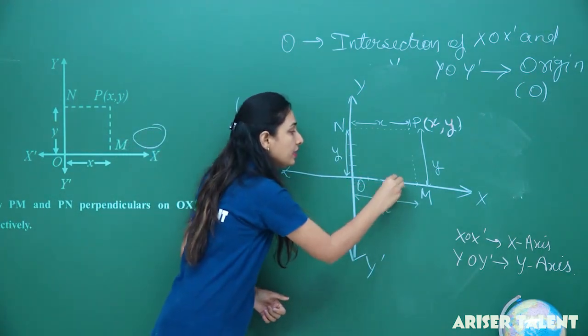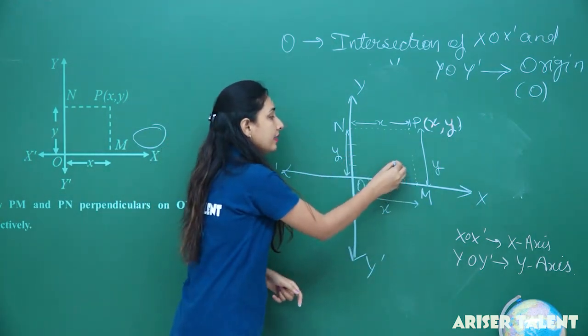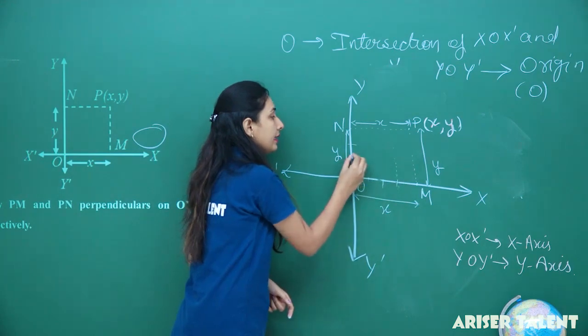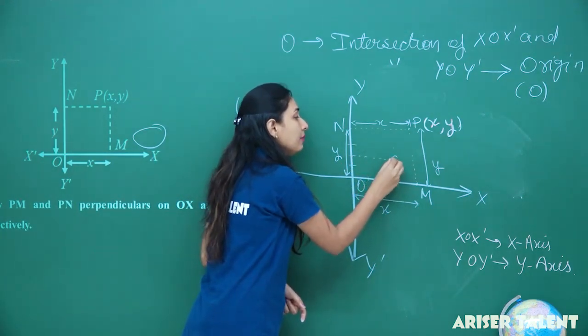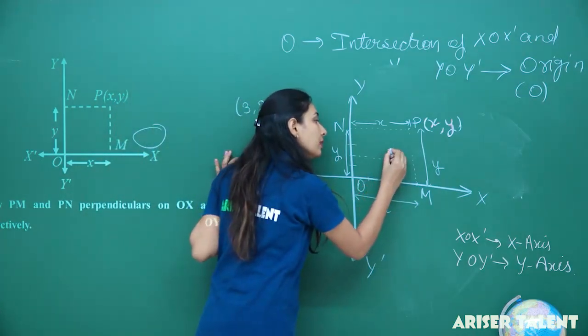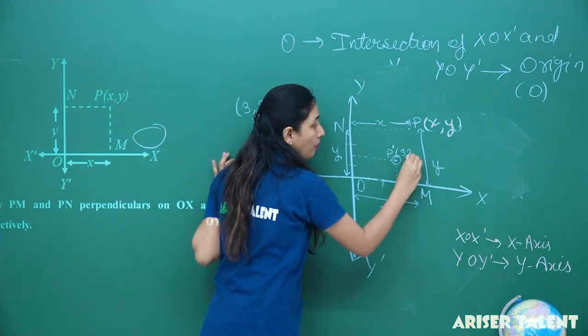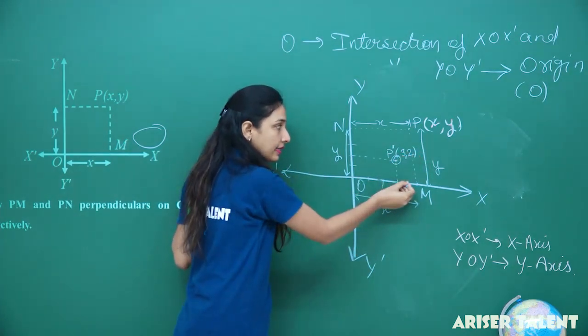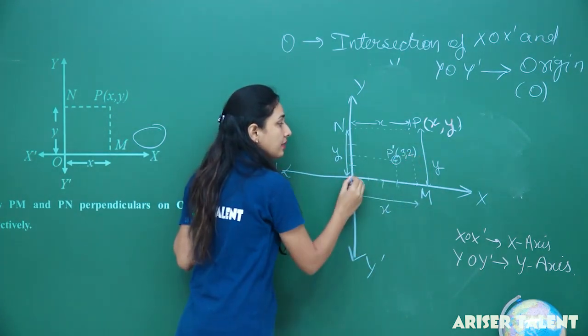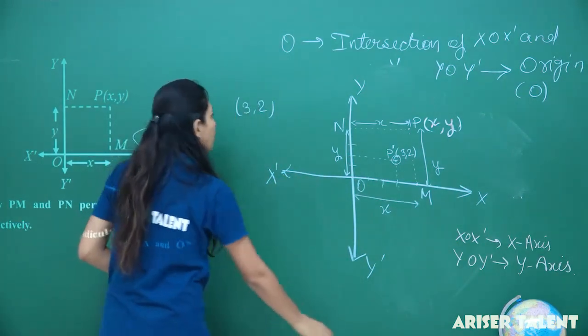The first, x equals 3 here, and y equals 2 there. So I will draw a perpendicular line here, and another. The meeting point of these two is the given point. So P dash will be (3, 2). Now 3 is x and 2 is y. Understood this? Right.